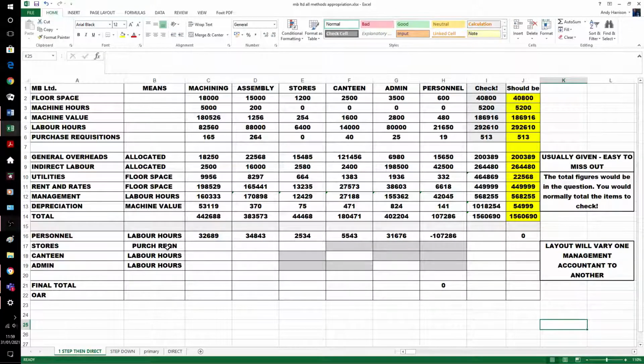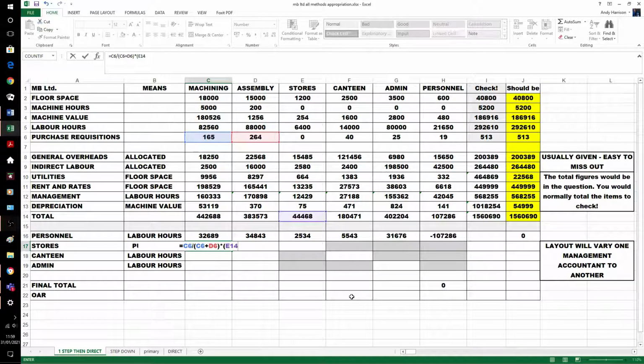So we've got purchase requisitions here, labour hours and labour hours. So they're all means really. So purchase requisitions was C6. We're only dividing it into the two departments, the machining and assembly. So we only need C6 and D6, and then timesing it by the stores bill, not forgetting the reappropriated bit.